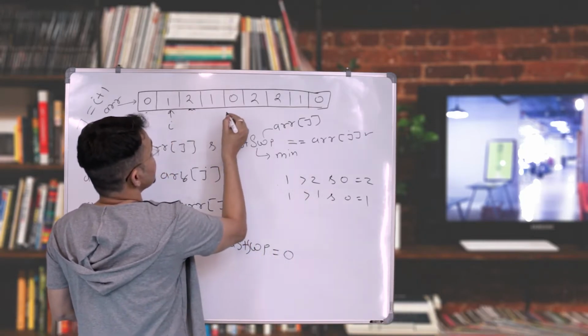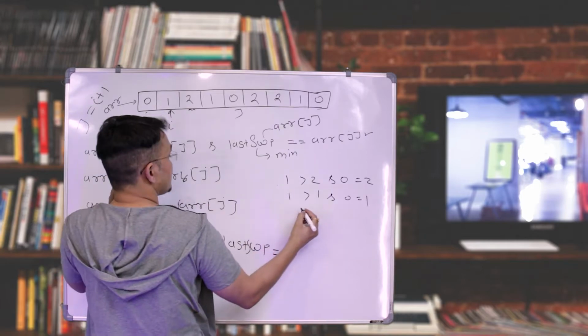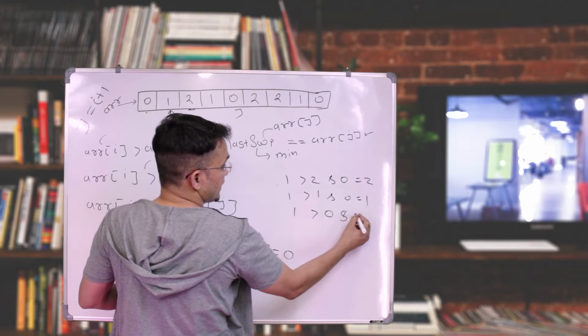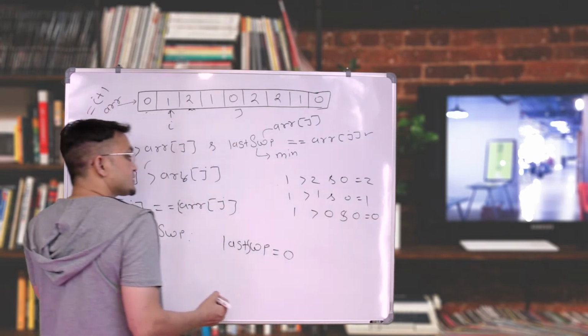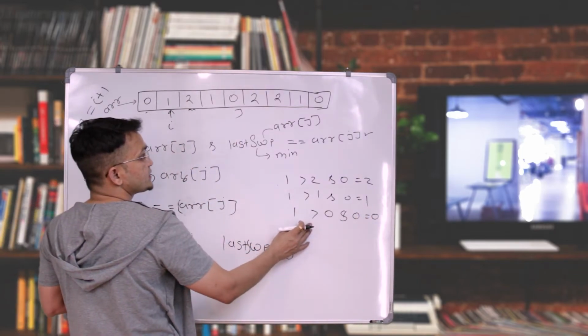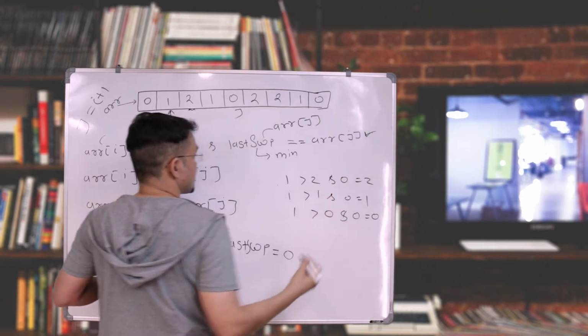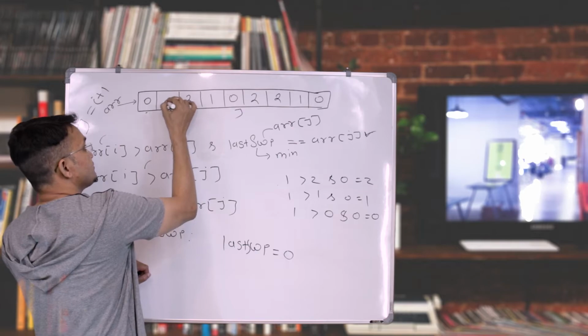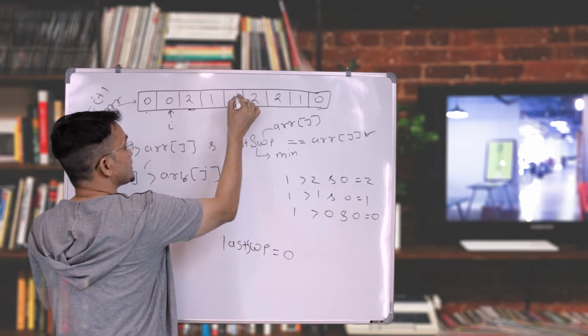So my j will move over here, and i will come over here. Is this equal to this? So this condition is true, which means j won't move further. Now I will make it 0 and I will make it 1 over here.